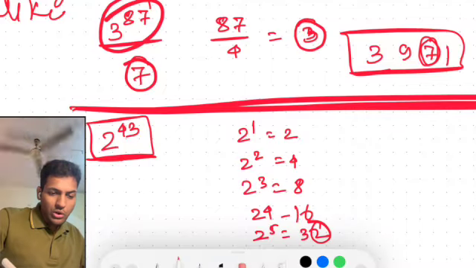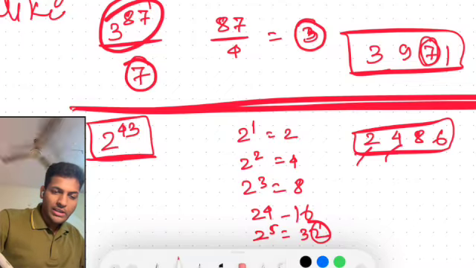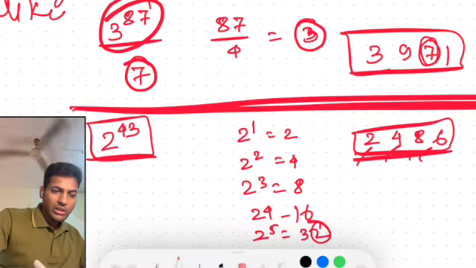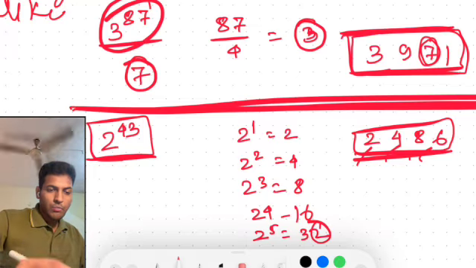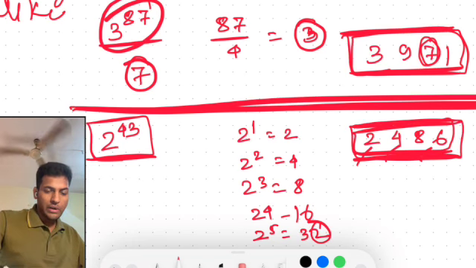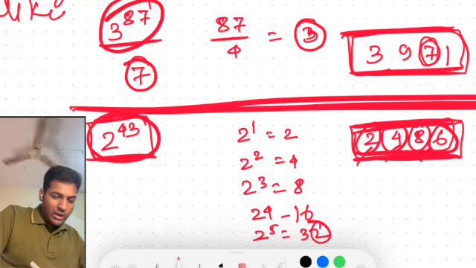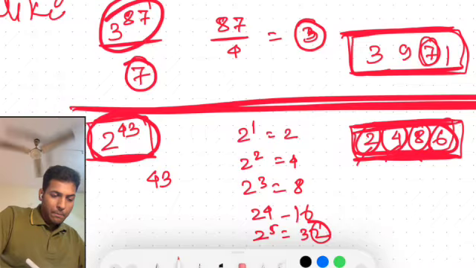So the repeating units are 2, 4, 8, 6, 2, 4, 8, 6. In the case of 3, this was the repeating unit. In the case of 2, this is the repeating unit, 2486. Now if you have to find the unit digit of this number, again you will divide the power. The simple way out is dividing the power with 4.